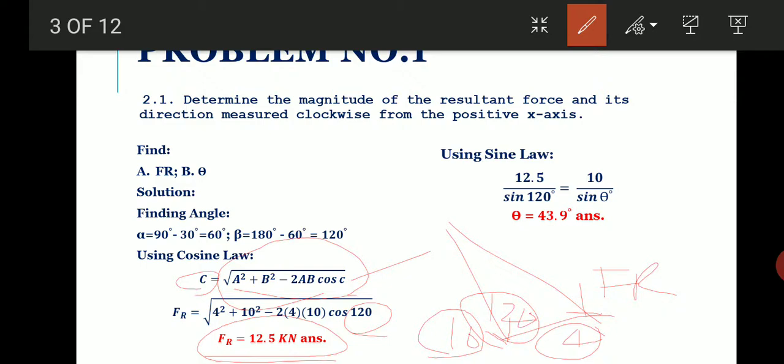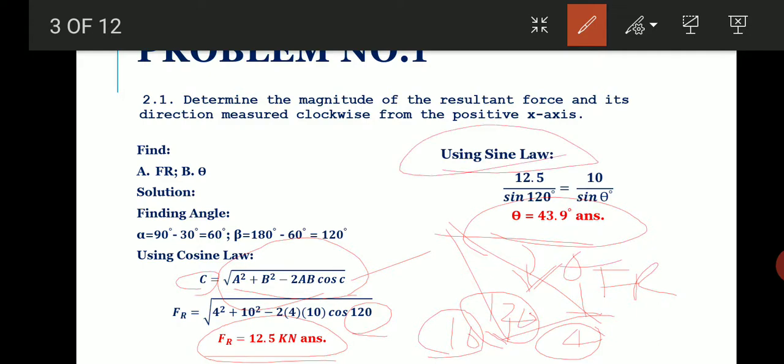By getting the direction, measured clockwise from the x-axis, this is the theta.